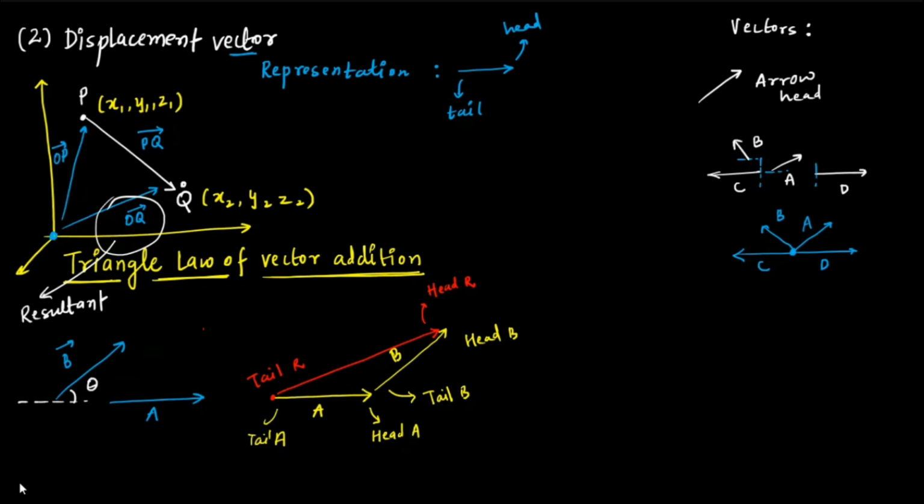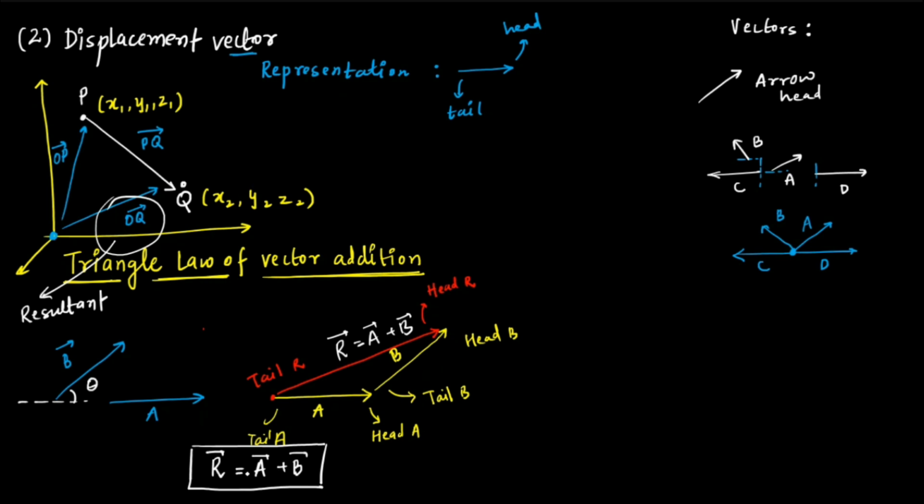So vectorially, when we are writing these equations, this R resultant equals the sum of A and B, but in vector form. This resultant is basically written in vector form, and vectors have two components, magnitude and direction.